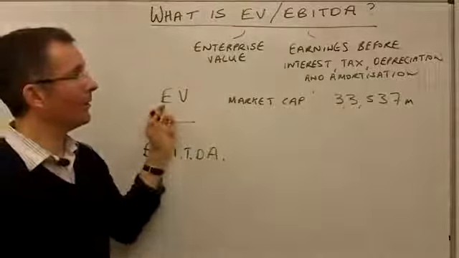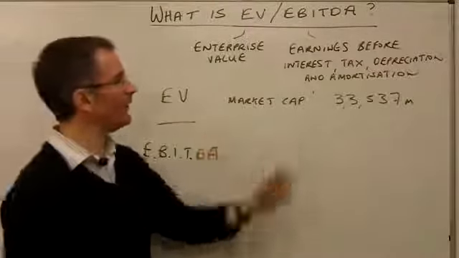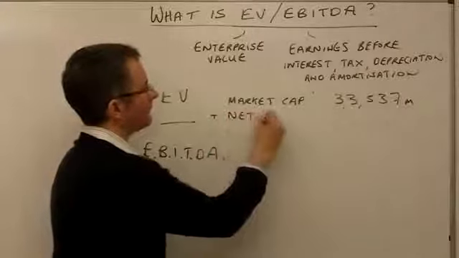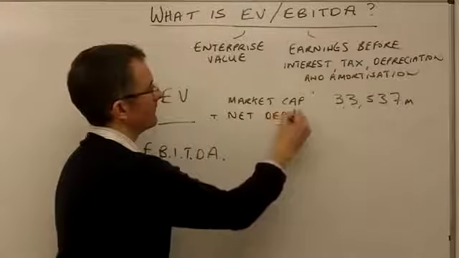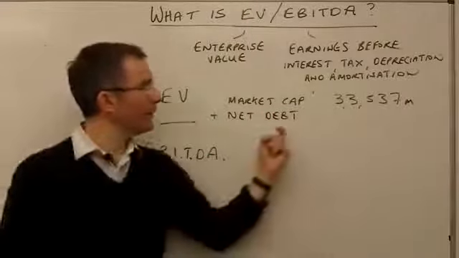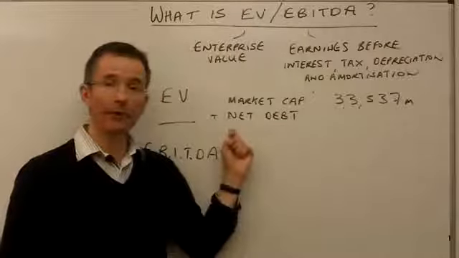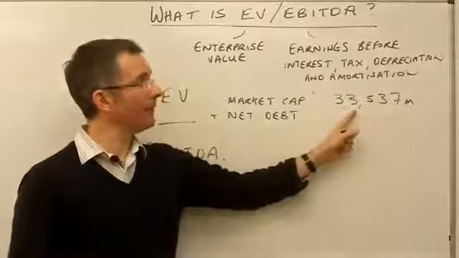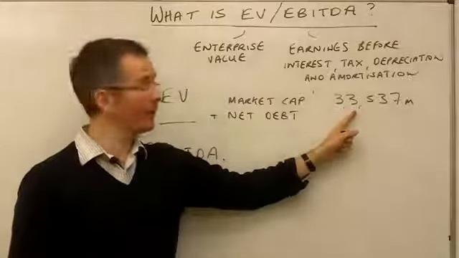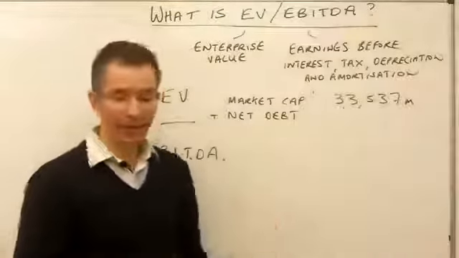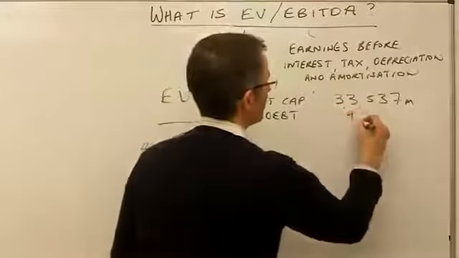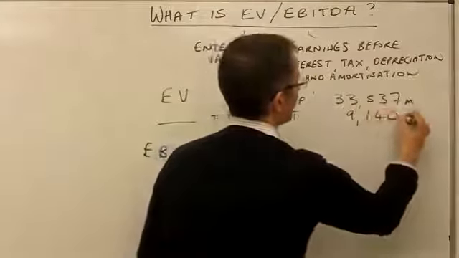Enterprise value, as we cover elsewhere, is that plus any net debt, which is long and short-term borrowings minus cash on the balance sheet. So what is that at the same date, February 2010, for this purpose? Well, we could look that up and we'd find it's around 9140 in millions.